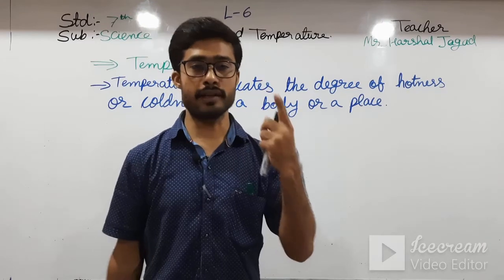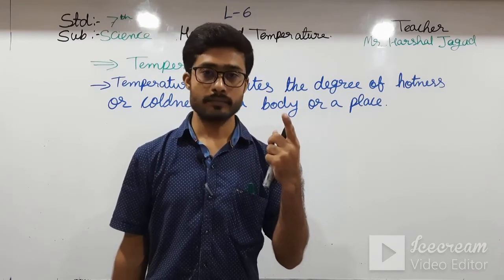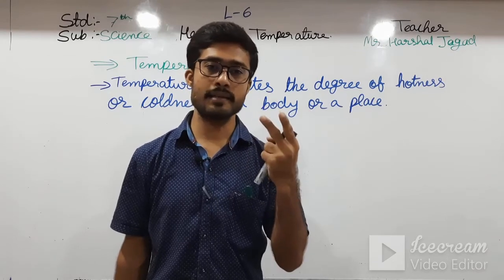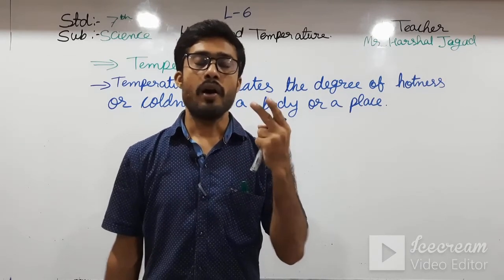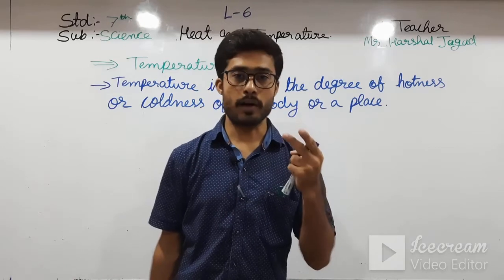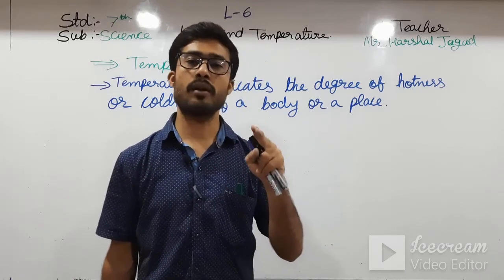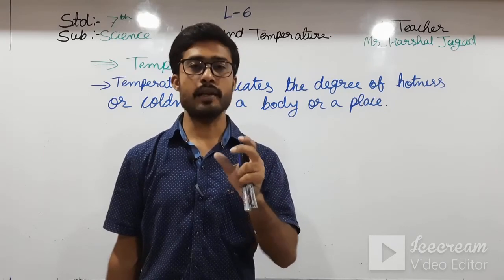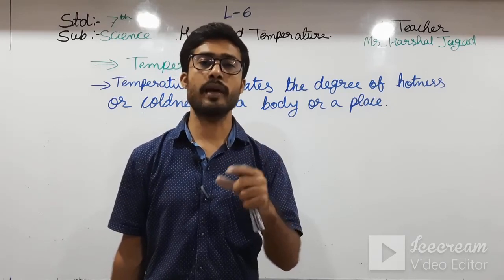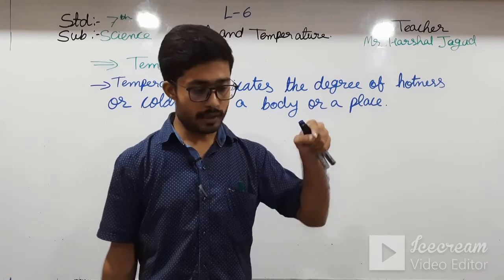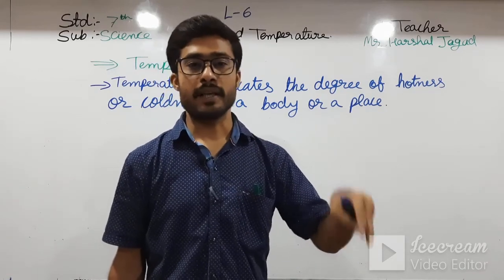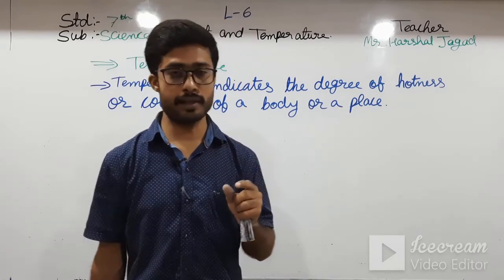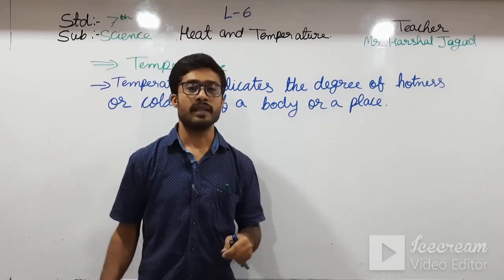In the first glass, ice cold water. In the second glass, normal temperature water, meaning room temperature water, and in the third, hot water, meaning water in which you can just keep your fingers, not too hot.